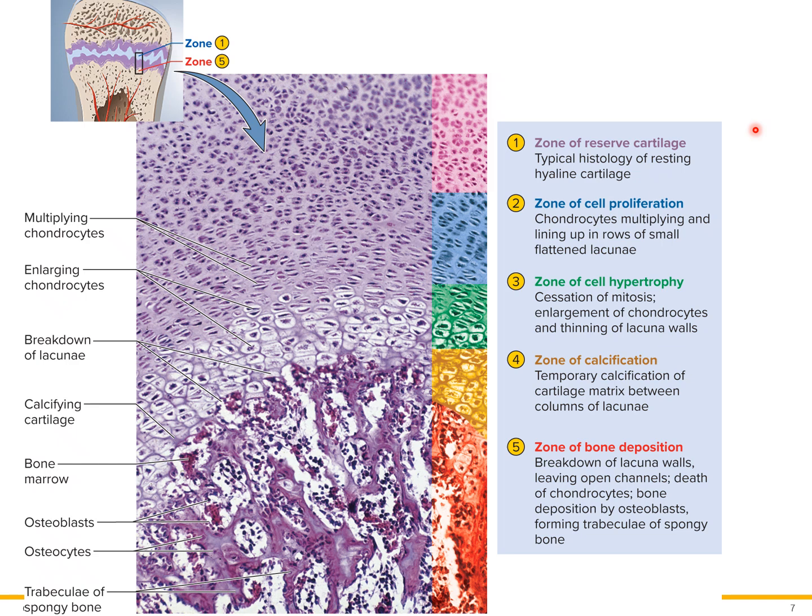The osteoblasts are going to line up along the walls of these channels and start depositing concentric lamellae of matrix, while the osteoclasts are going to dissolve the temporarily calcified cartilage. And this process of bone deposition in zone 5 creates a region of spongy bone at the end of the marrow cavity facing the metaphysis.